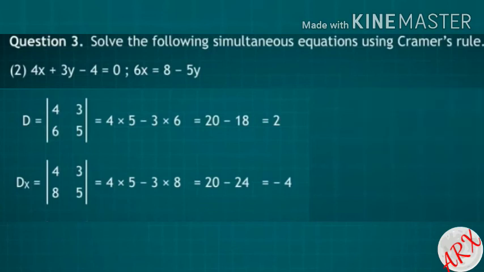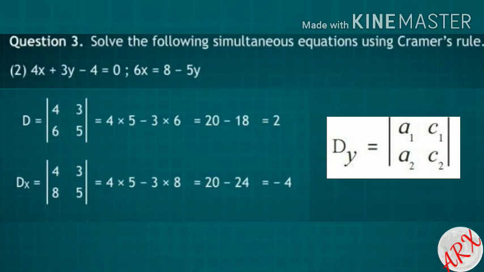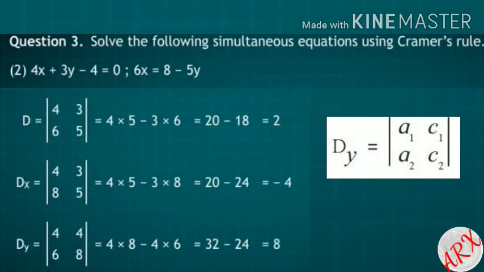Now we will take determinant Dy, that is a1, c1, a2, c2. Now we put values 4, 4, 6, 8. After simplification, we get 4 into 8 minus 4 into 6 equal to 32 minus 24 equal to 8.